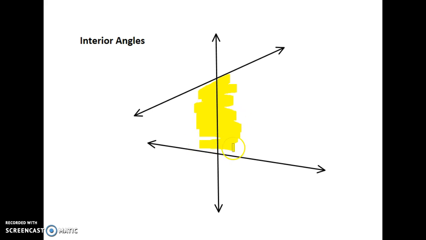And so this is the space in between the lines. And so my actual interior angles are this angle right here, the second one right here, the third one right here, and then this angle right here. So those are my interior angles because they're inside the 2 lines.